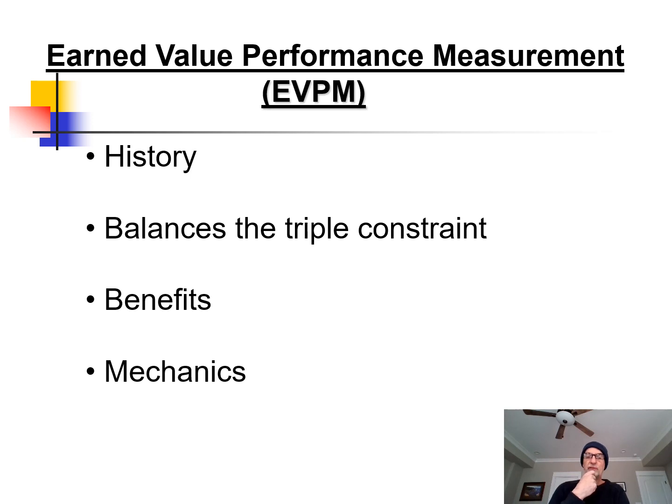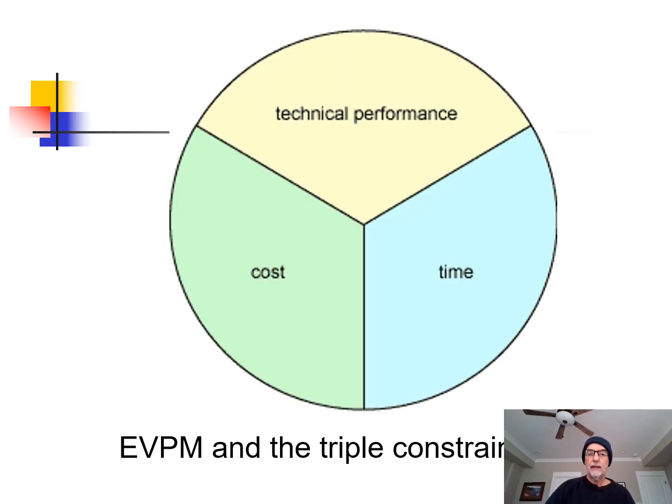And it balances the triple constraint, and it can be used at any point in time to keep your project on track. But it does have some mechanics you need to know about. It balances, like I said, the triple constraint. So here's the triangle now that we saw earlier, but it has a pie chart.